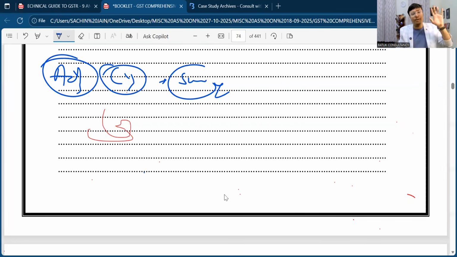Sir, everything will be discussed, the blocked credit, everything. Exempted sales will be discussed. If there is anything which you have not reported in your GSTR-1 return, can you show it in the GSTR-9 return? Every scenario from every perspective will be discussed.